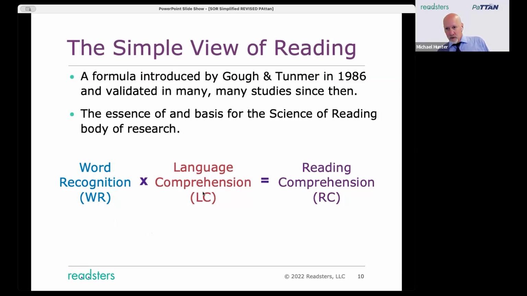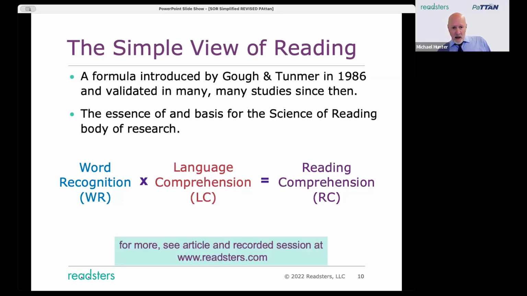And so instruction will have to include both sides. We're not going to ignore language comprehension for the sake of word recognition, but by the same token, we cannot only teach language comprehension. So I think it's really important to recognize that the science of reading is not just phonics. The science of reading is the entire reading brain, which includes both these big domains.